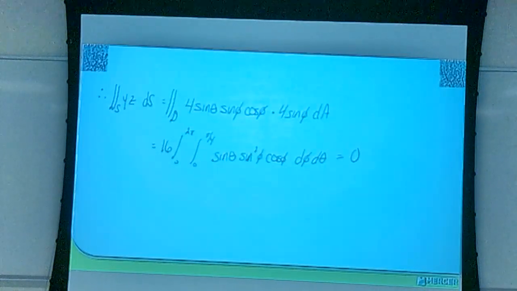It's the theta bound, because what's the period of sine? It's 2 pi. So the integral from 0 to 2 pi of sine is 0. So you're left with 0 times an integral, which is 0. That whole thing is 0.